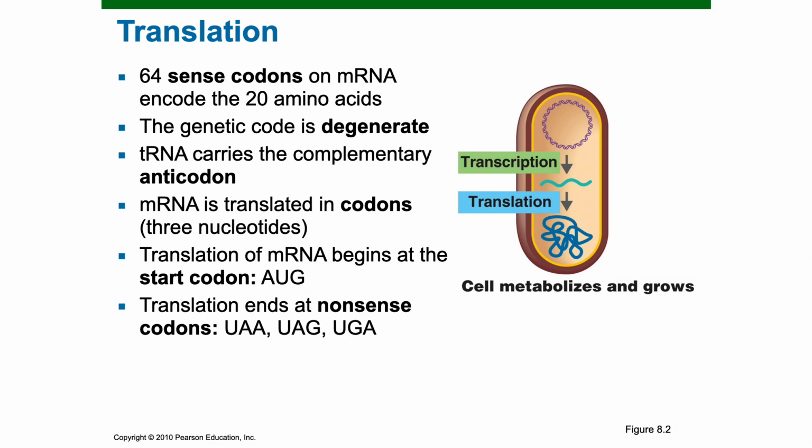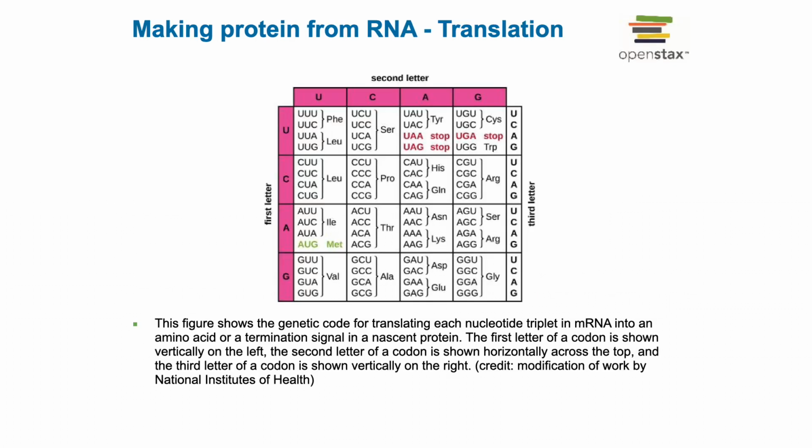And then that code that's made on the messenger RNA will be read by transfer RNAs, which carry complementary codons on one end, and on the other end, they carry amino acids. Here there's start codons and stop codons. And so this shows you the possible codons in RNA bases.